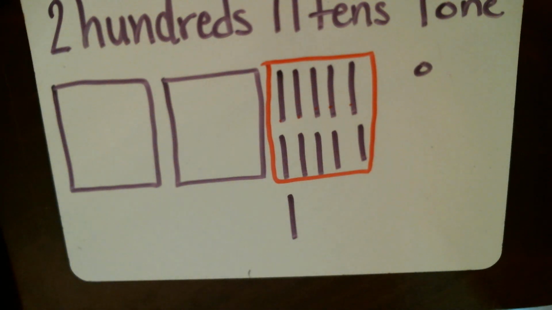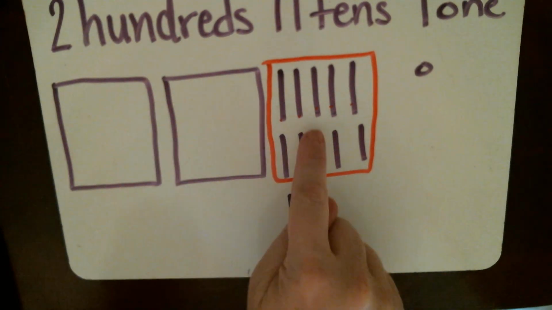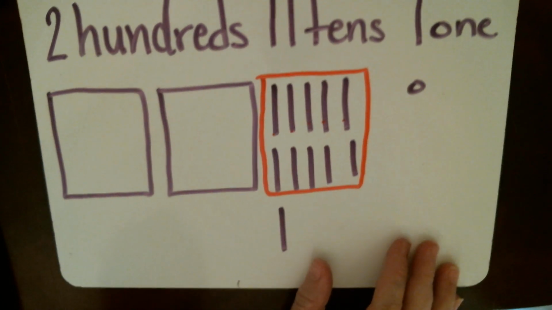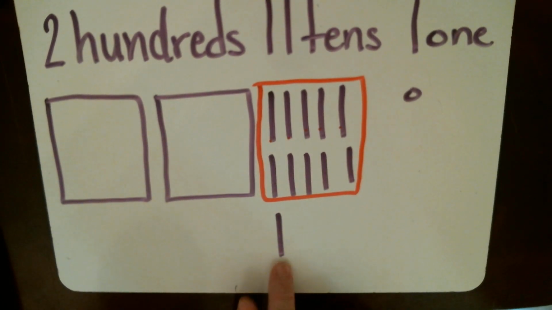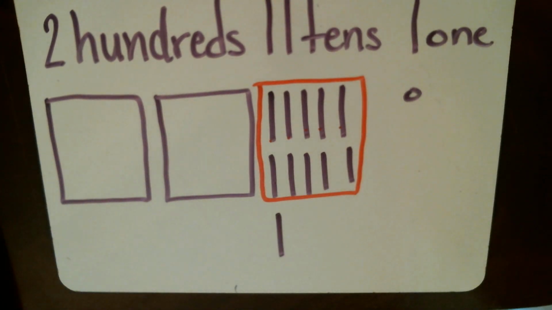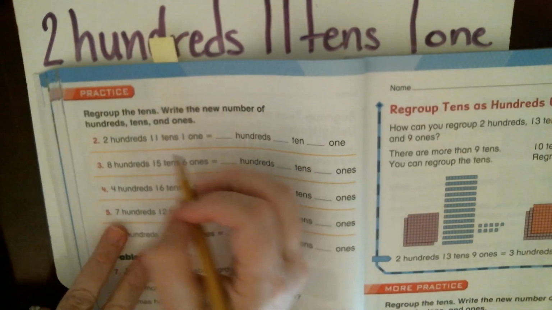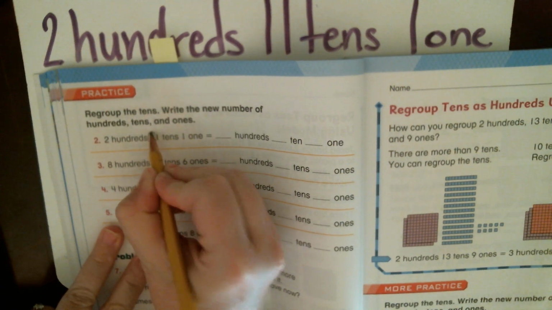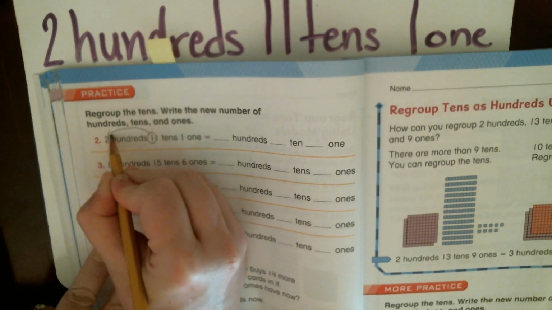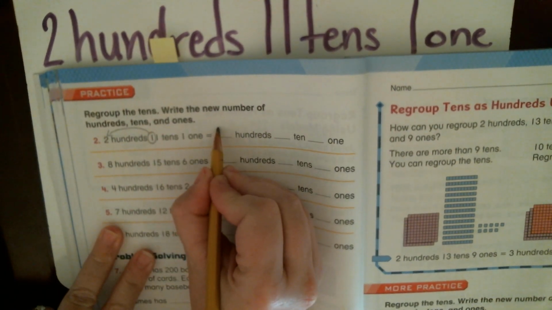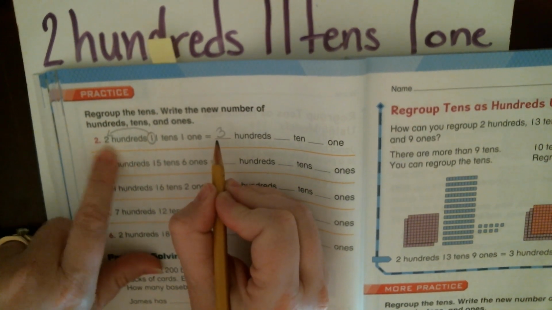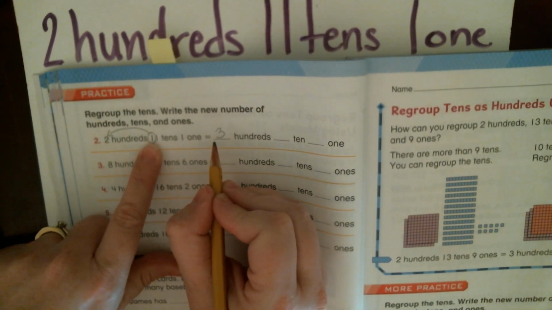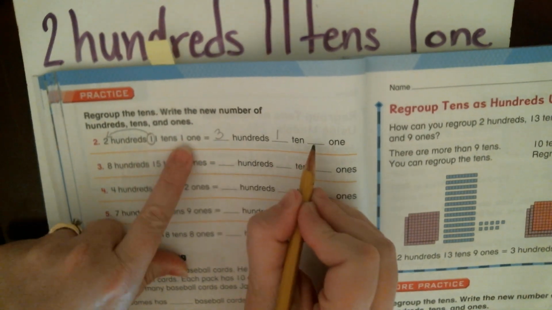I have 1, 2, 3 of those hundreds. I still have this 1 ten and 1 one. So that's what I will write in my book. And I can picture that regrouping. I took those 10 tens and moved them to the hundred side. So now I have 3 hundreds, the 2 I had plus the 1 that I regrouped, 1 ten and 1 one.